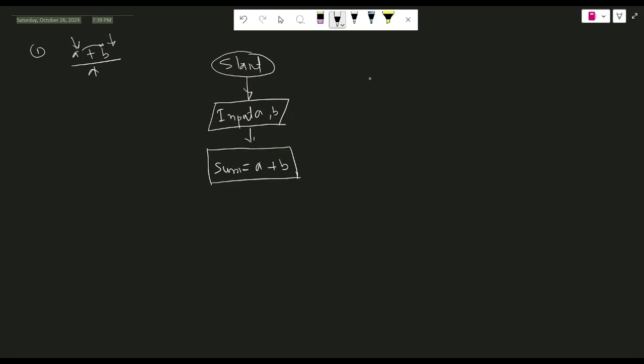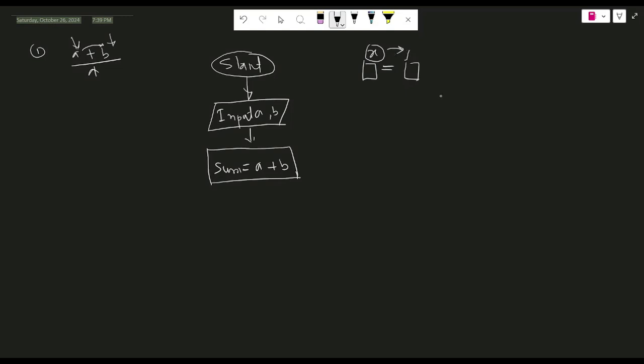Here, one thing to remember: in a computer, equal doesn't mean that this side is equal to that side. It means that we are assigning a value. For example, x is equal to 1. I'm not saying x is equal to 1, I'm saying that x is assigned the value 1. Whenever I have to use x, I can use the value against this particular variable.